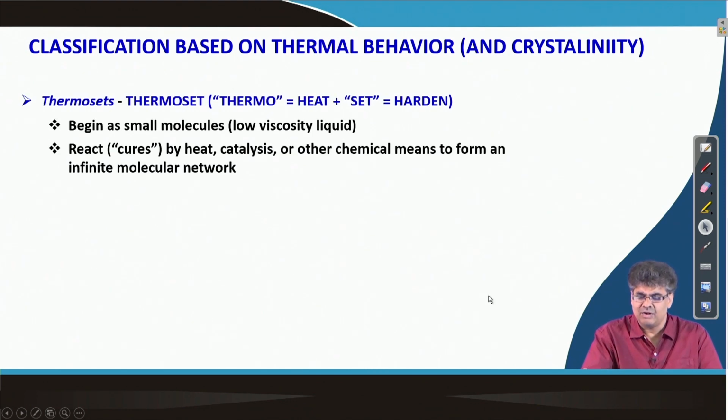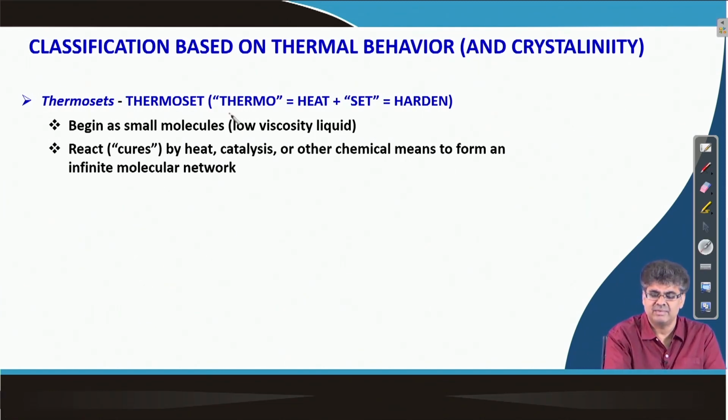We can also have another set of polymers which we call thermosets, and as the name suggests, thermo is heat and set means harden. In this case, the polymers become hard on heating.